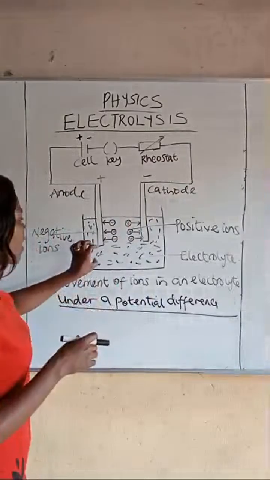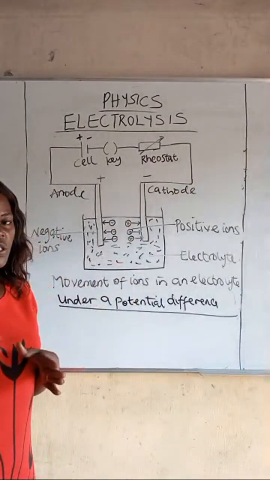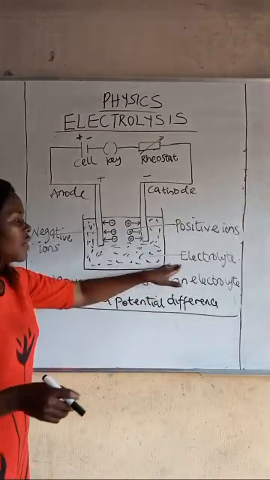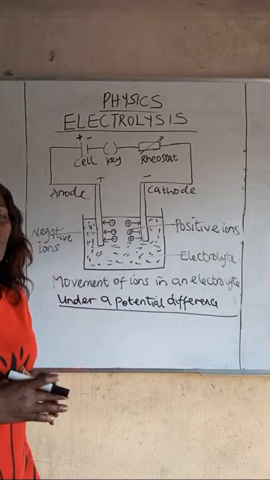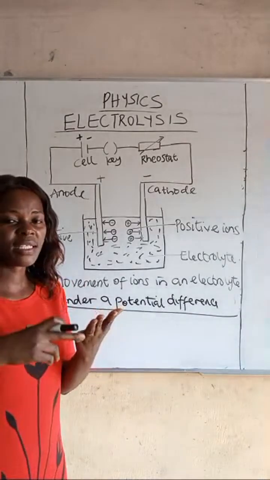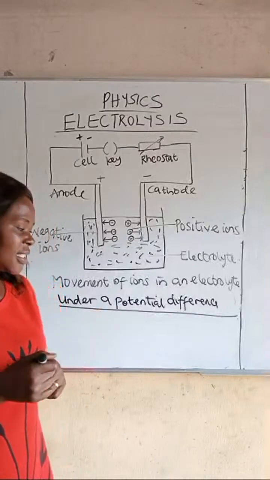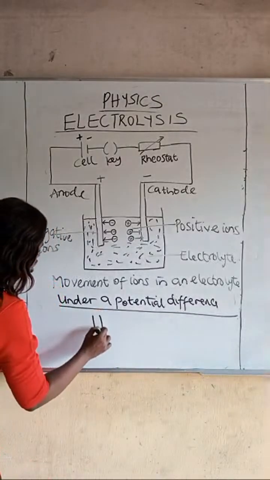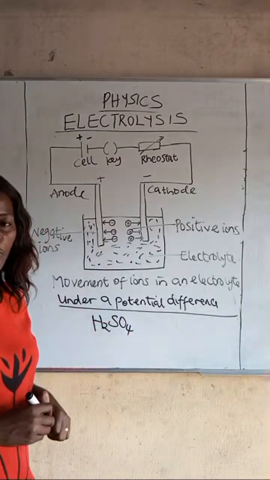All right, then coming to this, I want to explain more on the dissociation of ions. We have electrolyte. For example, you said that electrolytes are solutions of acids, bases, and salts. Let me assume I use H2SO4 as an electrolyte.